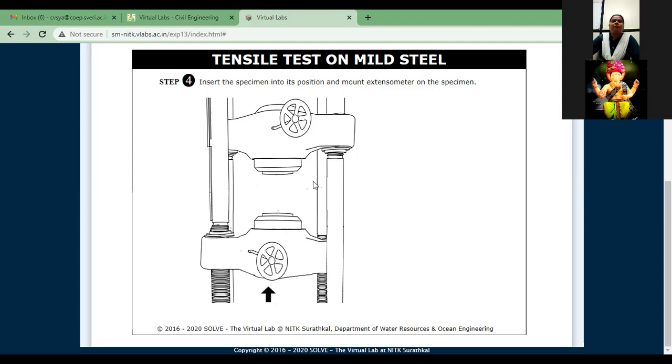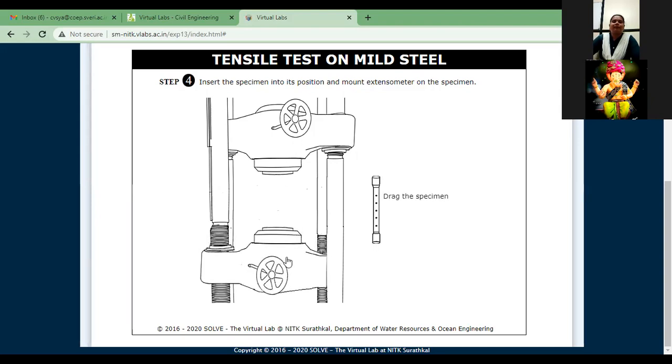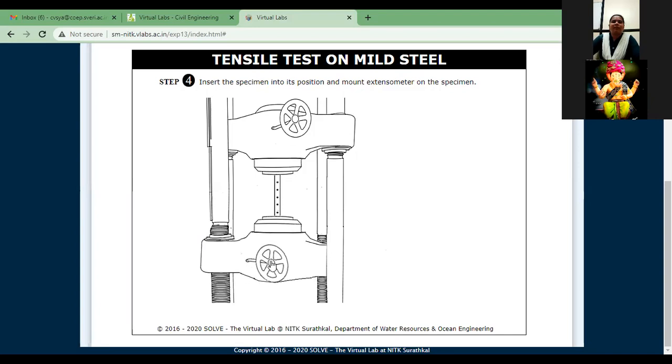So now we will use the upper and middle crosshead, and I will arrange the distance between them. After that we have to place this rod in between the upper crosshead and middle crosshead. After placing, we have to adjust the height between these two crossheads using this knob. Now our rod is fixed in between these upper and middle crossheads.